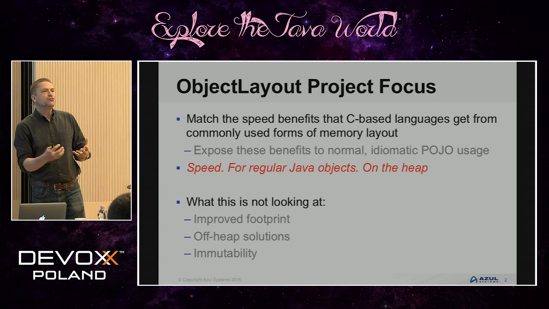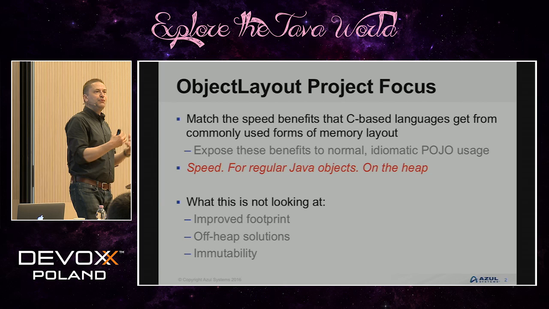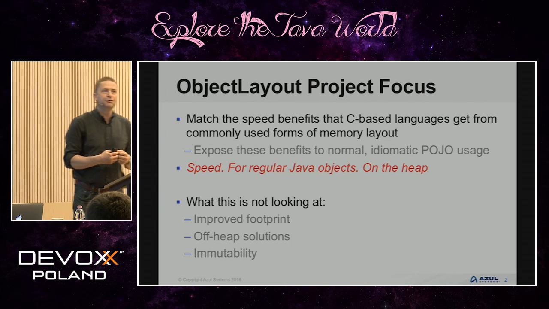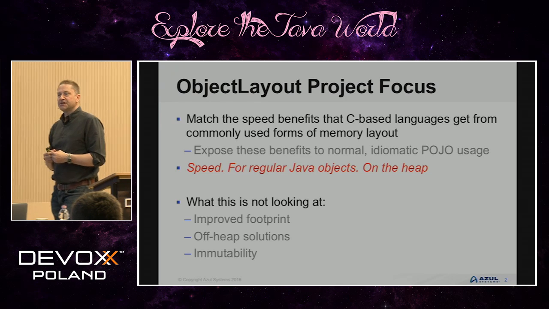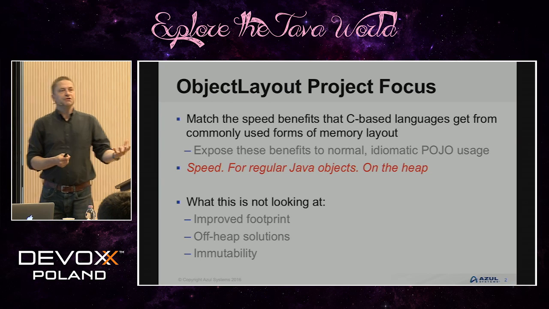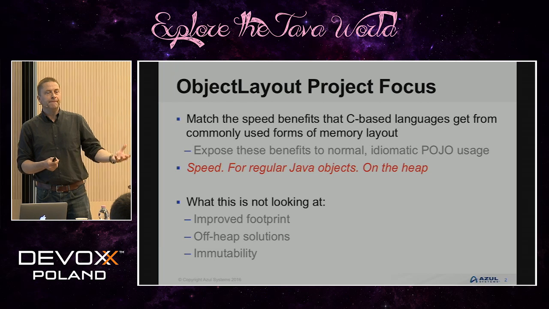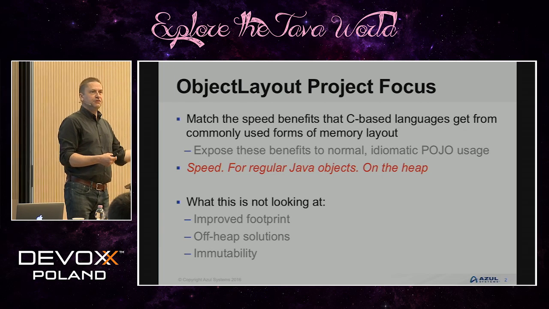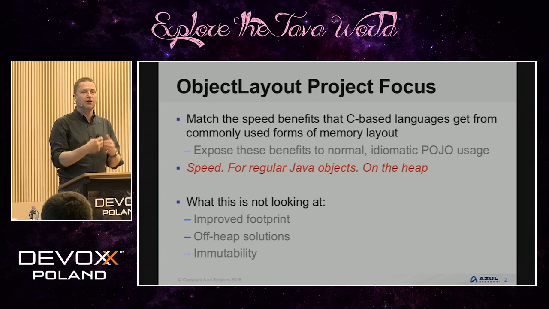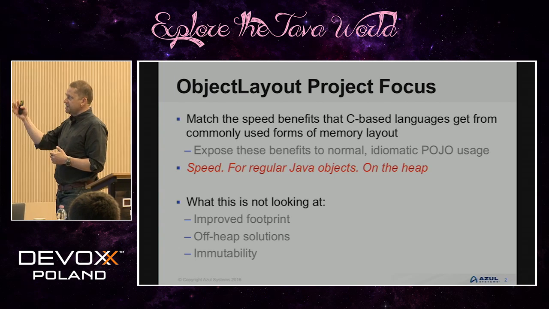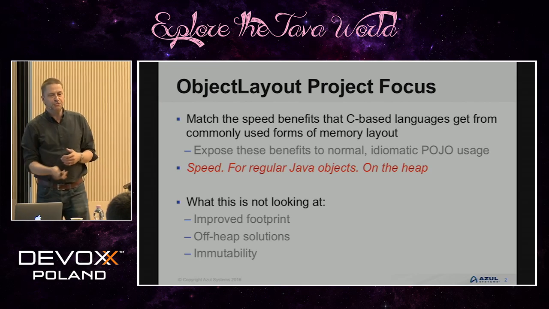And we're not interested in dealing purely with immutable objects. What I'm going to talk about for the rest of this presentation allows you to use immutable objects if you want to, but there's no requirement to do so. So if you want mutability in your objects, then they will work just as well as immutable objects, because it's for regular Java objects.